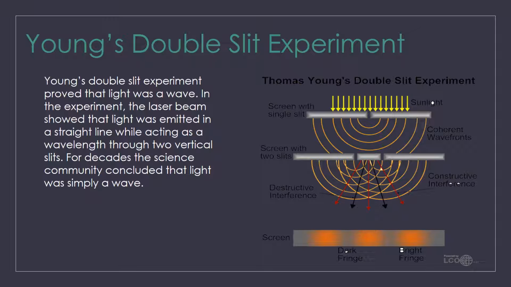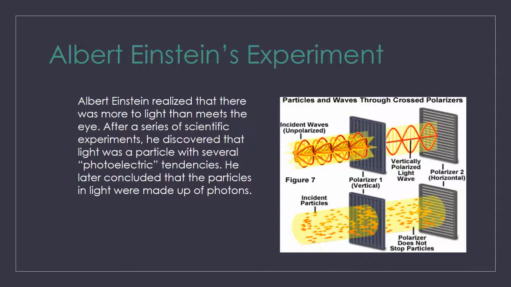Then with that, we move on. Young's double slit experiment did conclude that light was a wave. Then we moved on to Einstein's experiment, which proved that light was a particle, because of the way light behaved.